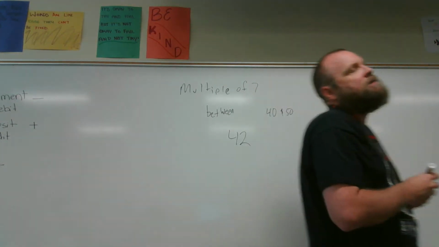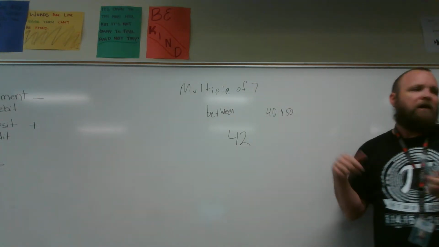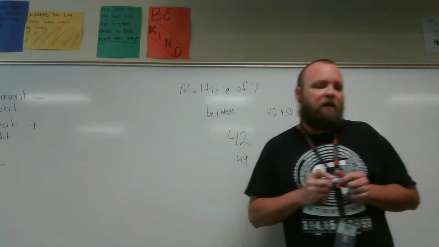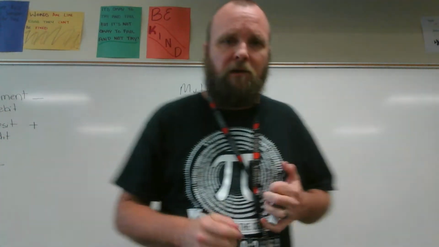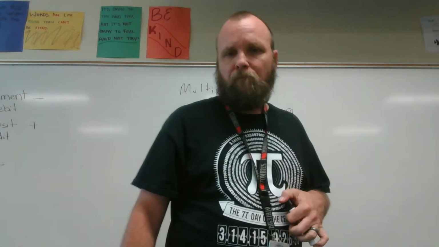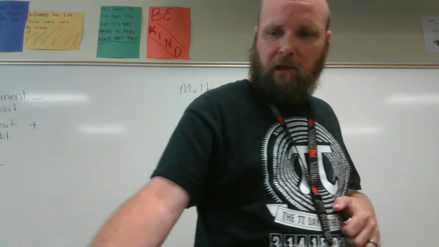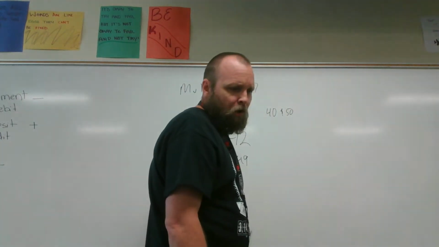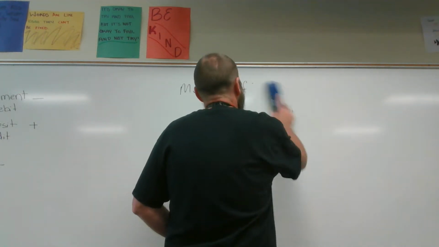Did anybody select one that was not 42? Shina? 49. 49 would have worked as well. Did you have to put both of them, Shina? No, because it says name a multiple of 7 between 40 and 50. It's 42 and 49.